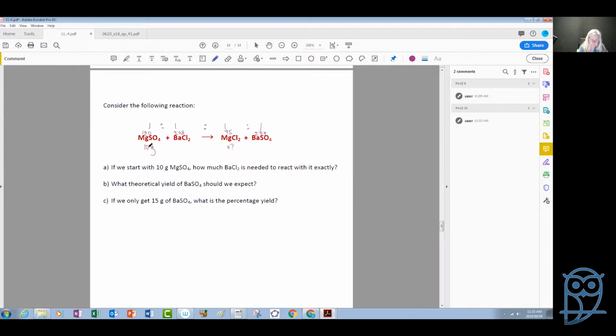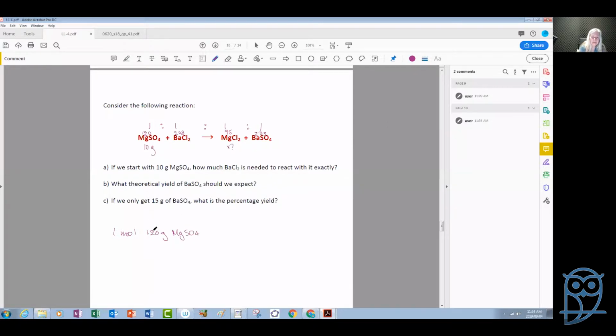All right. So what do we have here? If we concentrate on the magnesium sulfate, 1 mole of magnesium sulfate is its relative formula mass in grams. So that 1 mole, in other words, corresponds to 120 grams of magnesium sulfate.